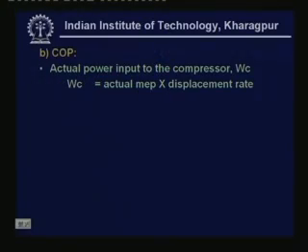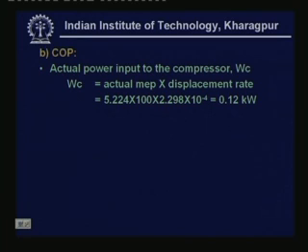Okay. So here it is given that the mean effective pressure is 5.224 bar, and the displacement rate we have found to be 2.298 into 10 to the power of minus 4 meter cube per second. If you substitute these values, you find that the actual power input is 0.12 kilowatt.